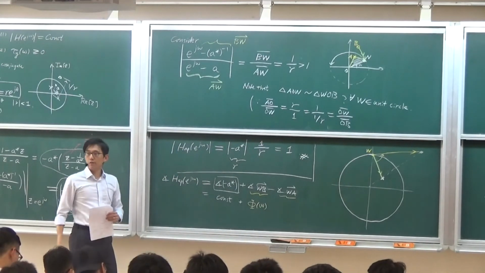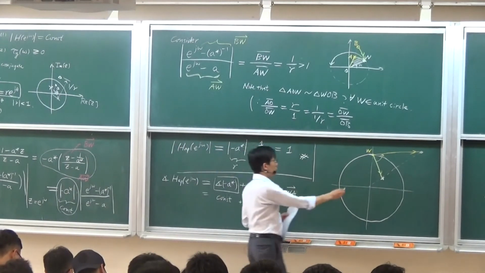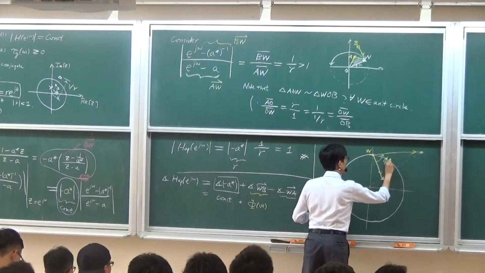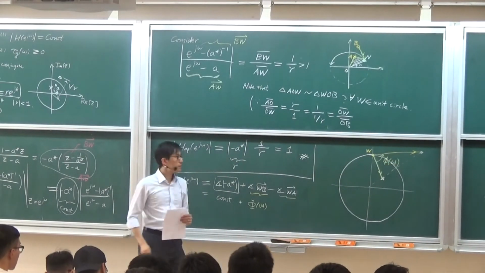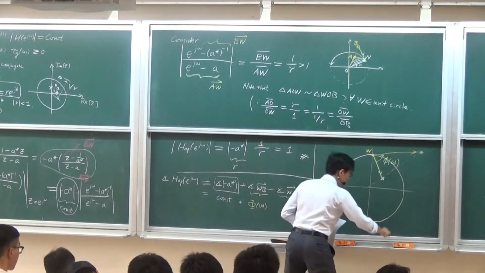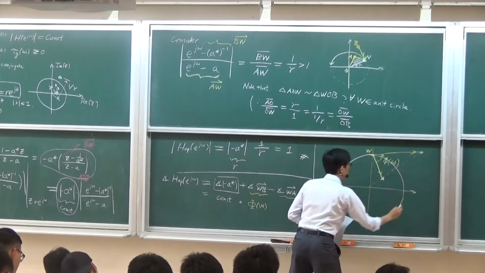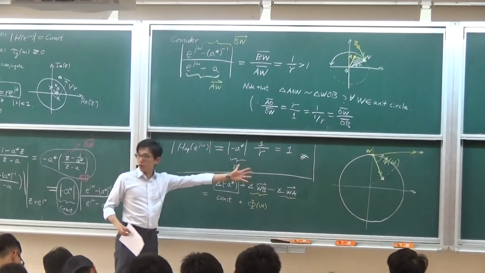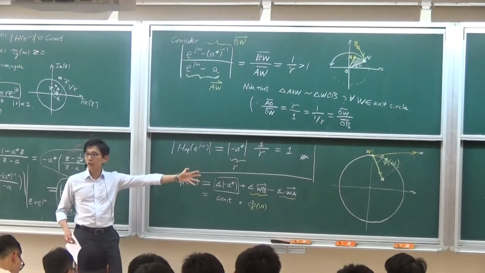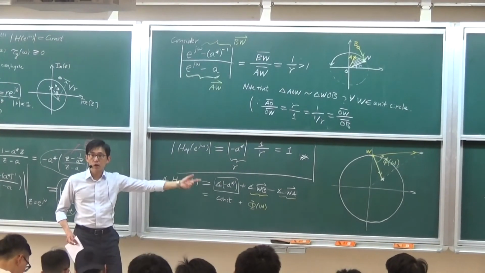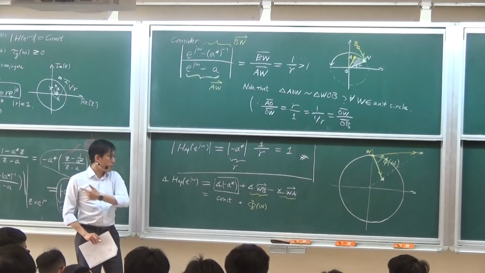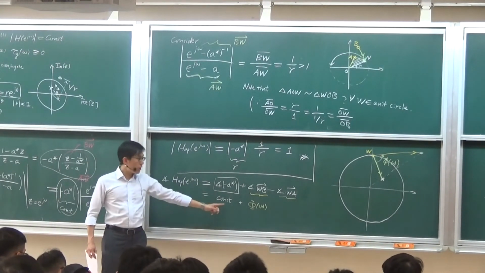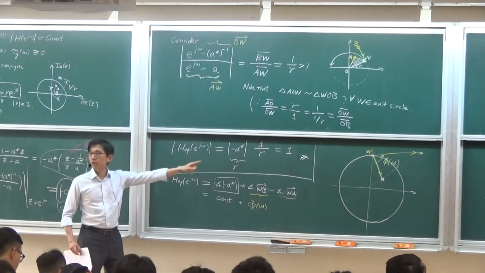So let's call this angle phi, which will be a function of omega. Now we are looking at a geometric interpretation for the phase response of this all-pass system. The phase response will have a constant term here, plus phi of omega on the figure.